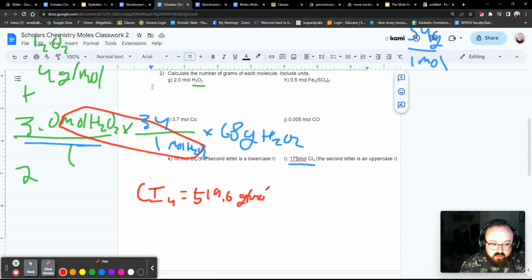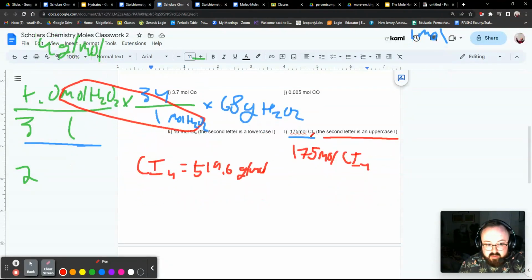Oh my goodness. So 175 moles, that's a lot of carbon tetraiodide. And I put this on purpose. The second letter is an uppercase I, just to remind us that this is iodide. This is chlorine. Please know the difference. Please don't mess that up.